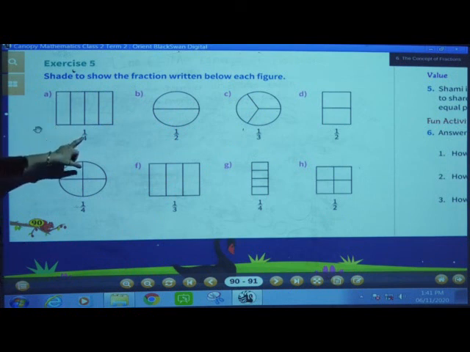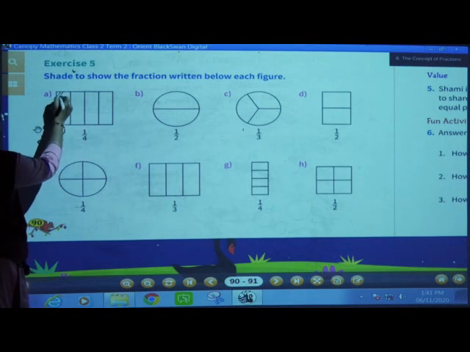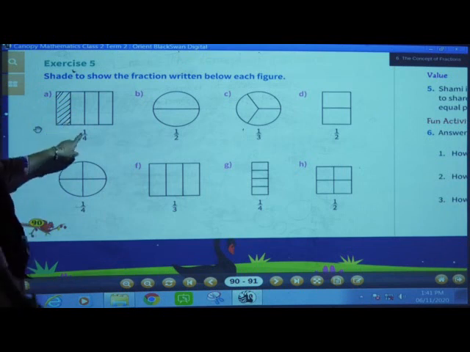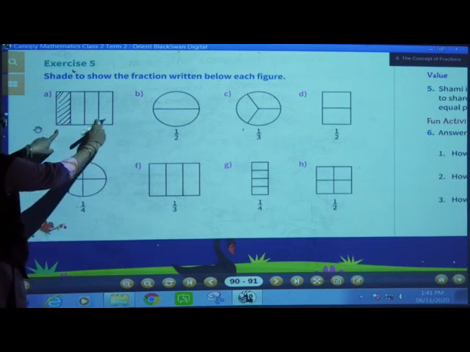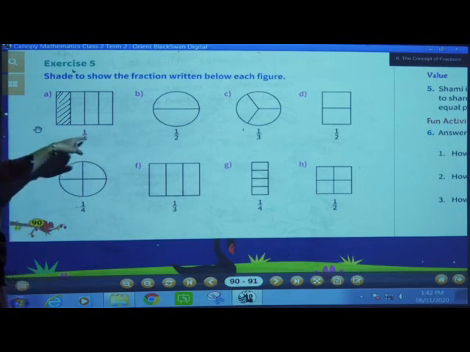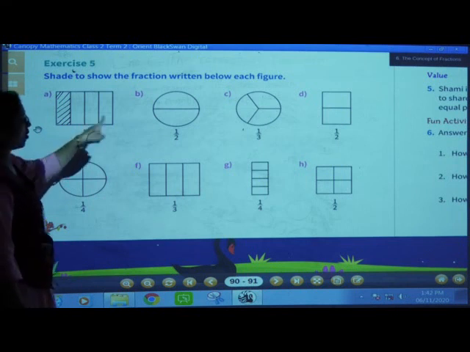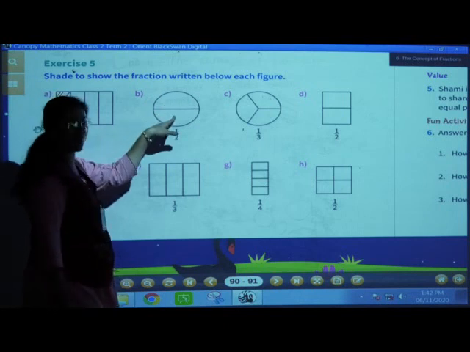Quarter, 1 upon 4, means total equal parts 4 and 1 is here, so we have to shade one part. This is quarter.